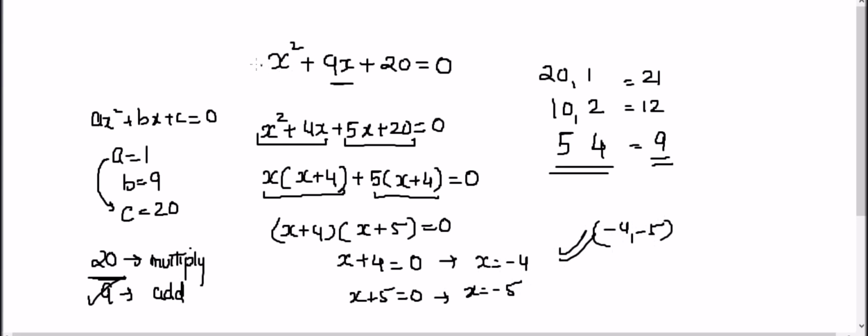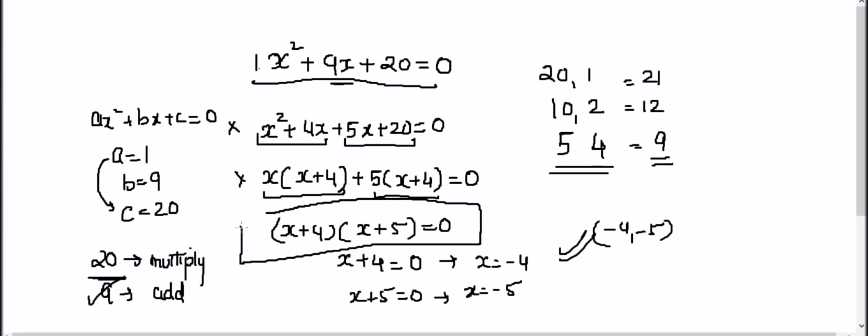And in a given equation, if the coefficient of x squared is 1, you can directly write down the answer. If it's 2, you compulsorily have to split the middle term. If it's 1, you can skip these steps and directly come to this step. Why? Because you have already chosen 5 and 4 as your numbers.